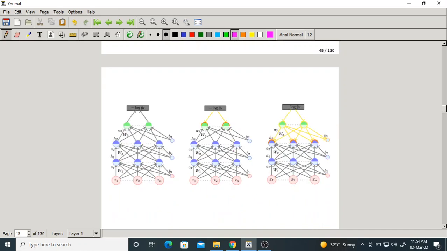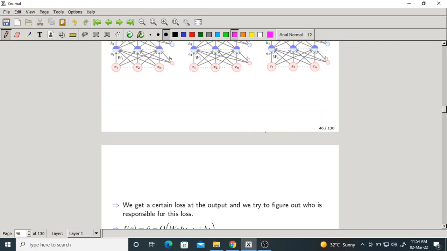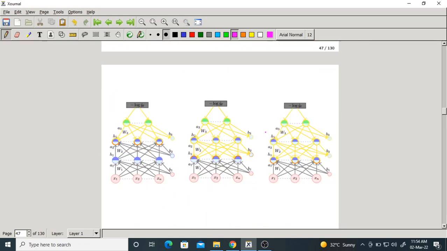Now this is how it happens. First of all, we check the output layer. If everything is fine, we go to the last hidden layer. Next, we check all the weights and we move in the backward direction like this.